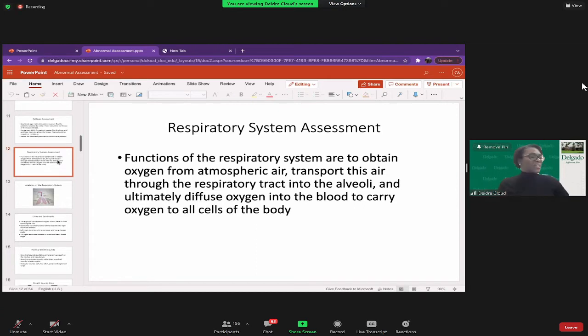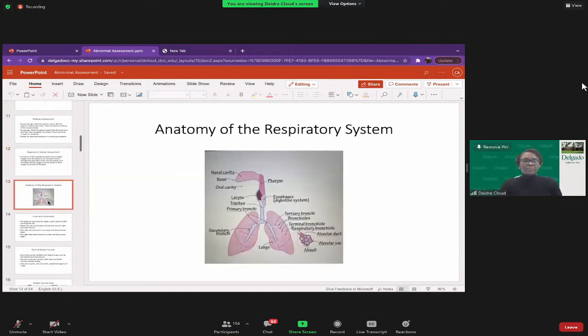When this does not happen, we're going to have some respiratory signs and issues. I just gave you a picture of the anatomy of the respiratory system, so when you talk about the upper and lower respiratory system, you can get an idea of what we're talking about.